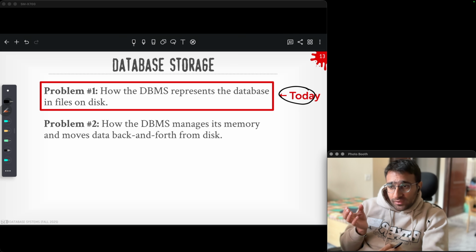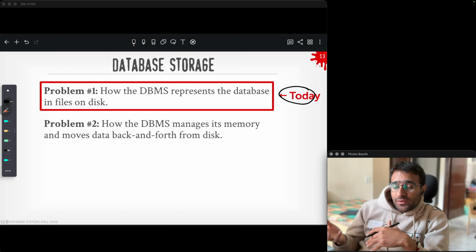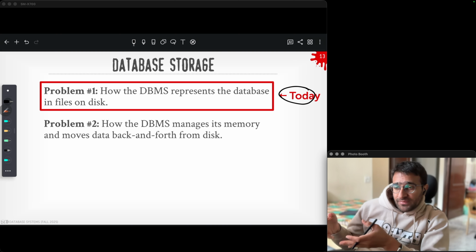They are not fancy files that are separate from the regular files of the operating system. They are regular files, but they're special to the database system.